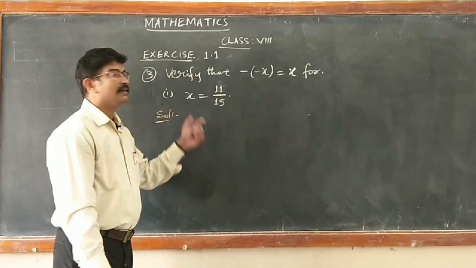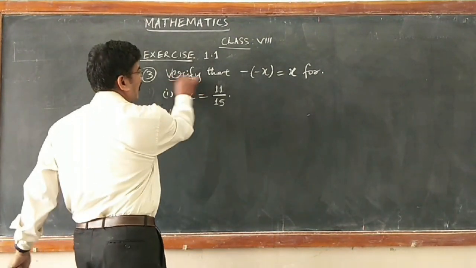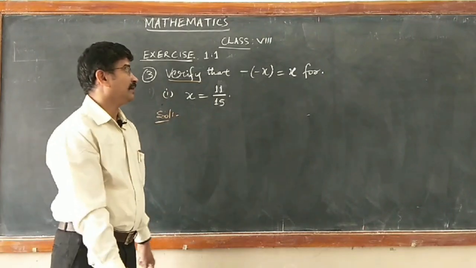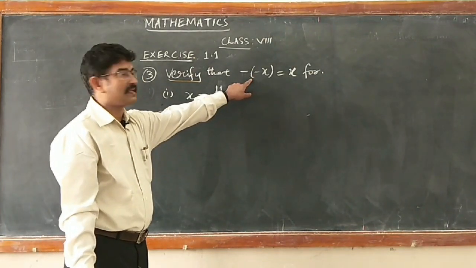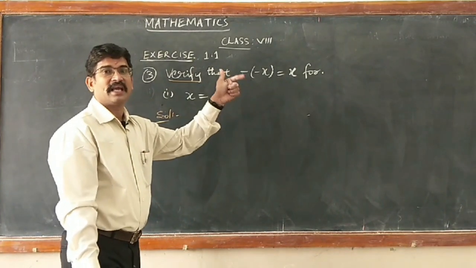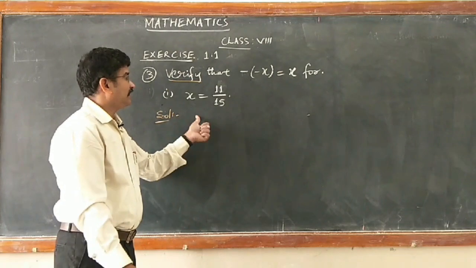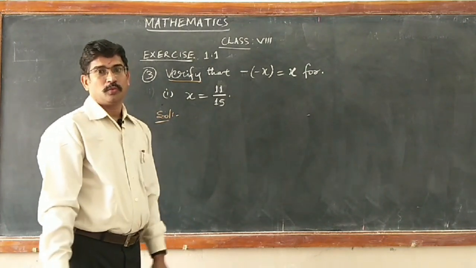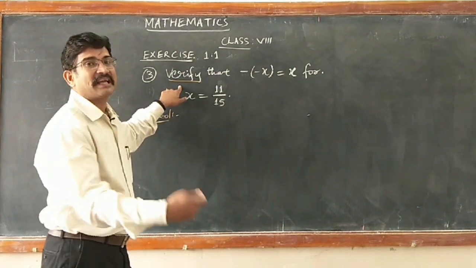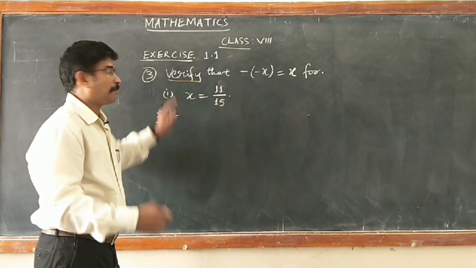Now see here, we have got the third question where you are asked to verify minus of minus x equal to x. See children, the same thing I explained in the previous question, here I am going to prove. Verify is checking whether it is correct or not.